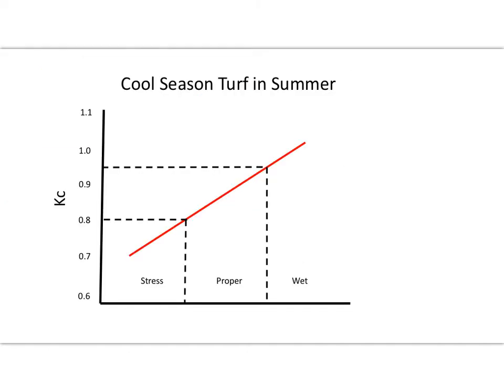This graph of the range of crop coefficient values for cool season turfgrasses is based on tall fescue, but is widely used for almost all cool season turfgrasses. During the summer, a 0.8 to 0.95 crop coefficient value is appropriate for delivering a quality turf. In this case, using a higher Kc value would be appropriate for a higher quality turf desired, and turfs that may have less heat tolerance.